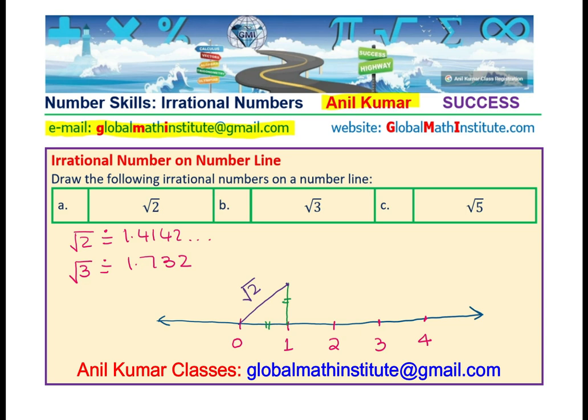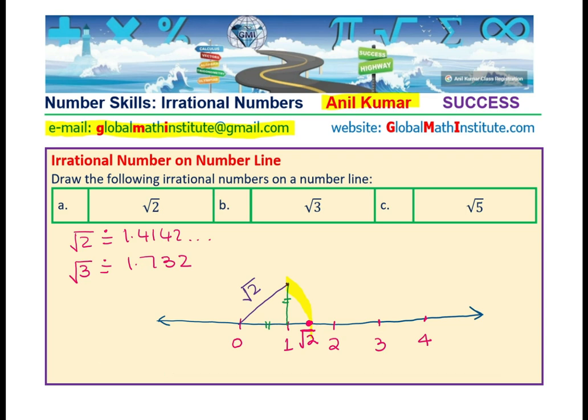And now, taking a compass, what we can do is draw an arc, right? Like this. And once you do this arc, you get a point right there, which is square root 2. Makes sense? So that is a very neat way of exactly finding where square root 2 will be on a number line. Is that process clear to you?